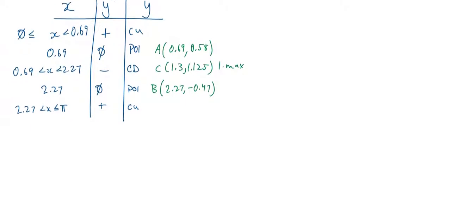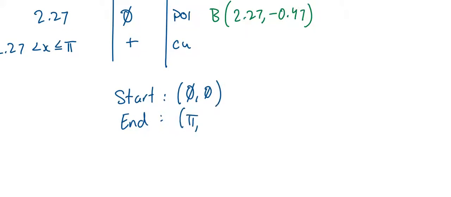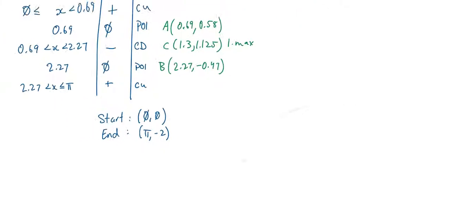When you're sketching, part of your sketch requires you to find the start point and the end point. You might find it because it's an interesting point, or it might not be, so you have to find it anyway. My start was 0, and apparently it starts at the origin, and my end was pi and negative 2.